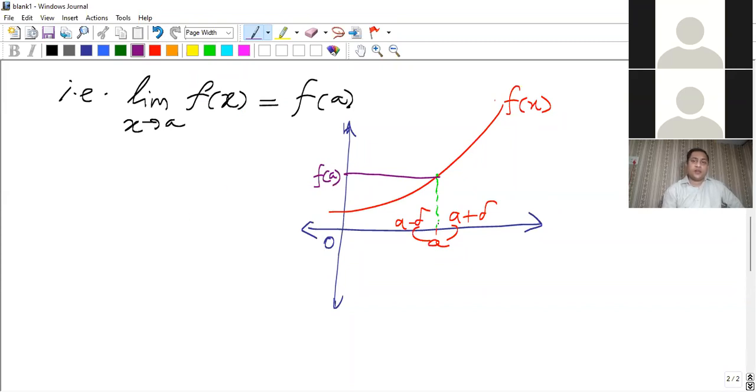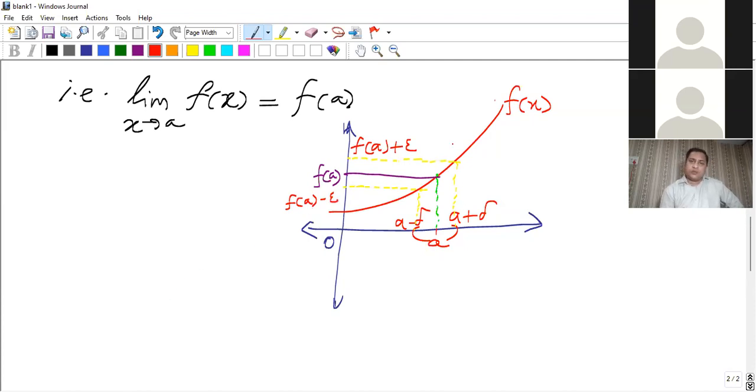If we consider these intervals, what happens to this interval and what happens to this interval, then this value for this delta neighborhood of a is going to be f of a plus epsilon, and this is f of a minus epsilon.